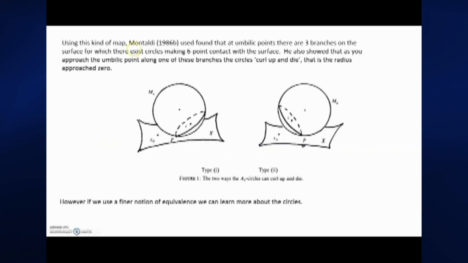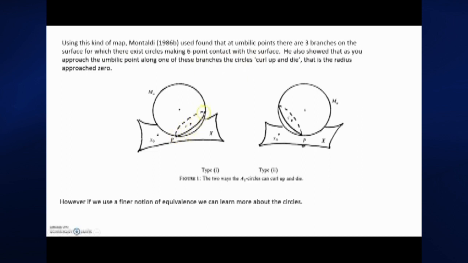Now, using this kind of map, Montaldi was able to show that at an umbilic point there are in fact 3 branches on the surface for which there exist circles making 6-point contact with the surface. So you have a point P on the surface.